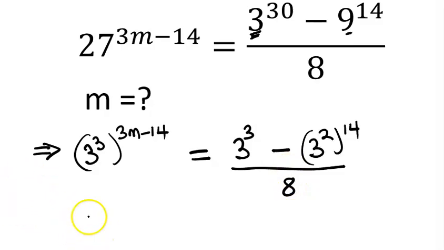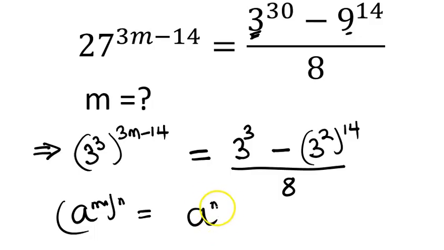Now from the laws of indices, a raised to the power m, all raised to the power n, is the same as a raised to the power m times n. So when an index is raised to a certain power, you multiply the exponents.